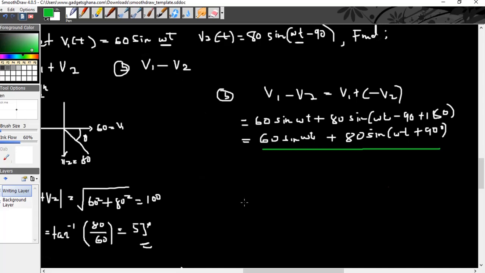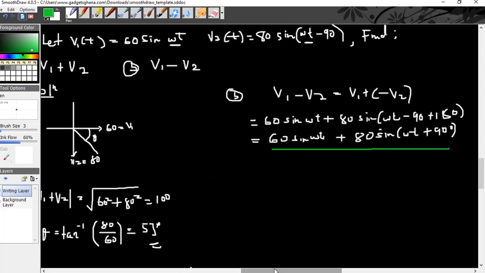Now let's proceed with the calculation. You can also represent this on the number line. So we have v1 and then v2. You know that v1 is 60, and v2 will now be positive. From here we've taken the reverse, so it will be at this point, but it's still minus 80.